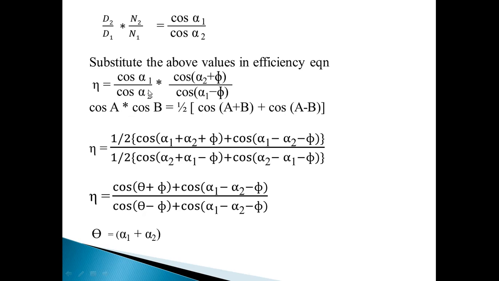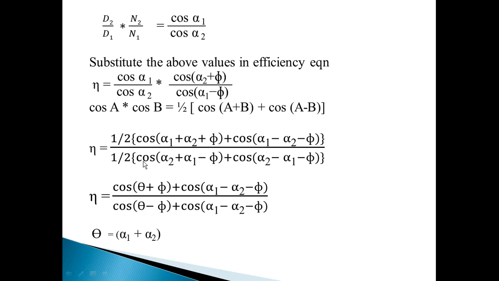If I apply this formula, treating alpha 1 as a and alpha 2 plus phi as b for the numerator, and alpha 2 as a and alpha 1 minus phi as b for the denominator, the equation will be converted into 1 by 2 into cos of a plus b, that is alpha 1 plus alpha 2 plus phi, plus cos of a minus b, that is alpha 1 minus alpha 2 minus phi. That is the numerator side.